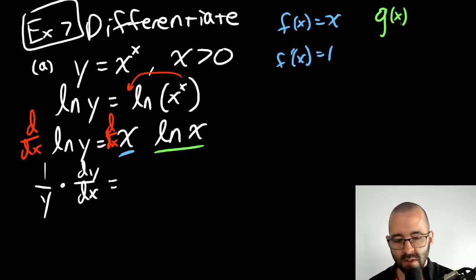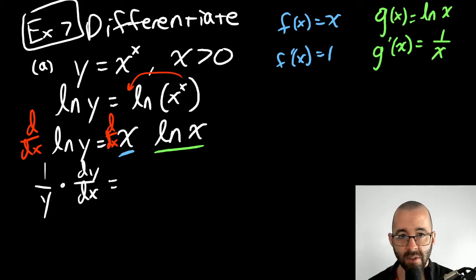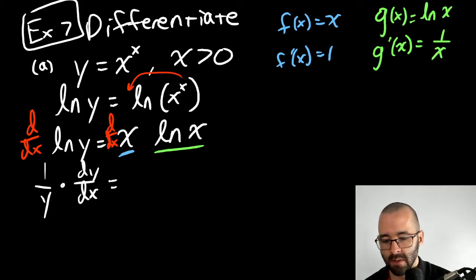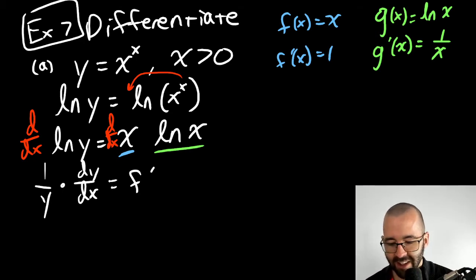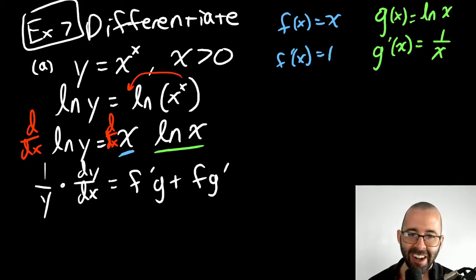The second function is the natural log of x, and its derivative is 1 over x. The product rule says f prime g plus f g prime. Just write it out.